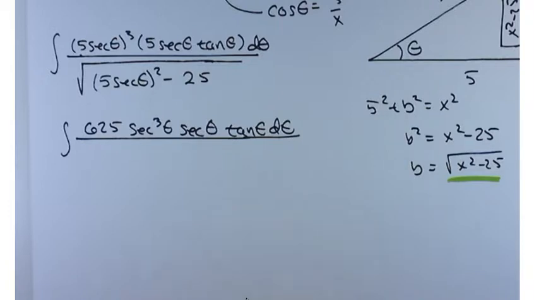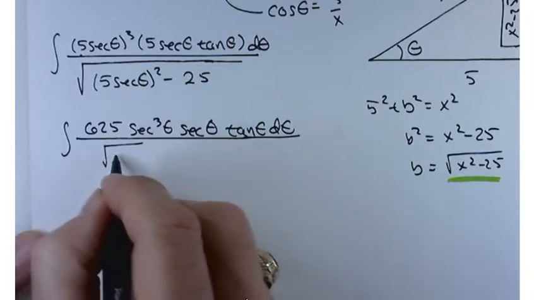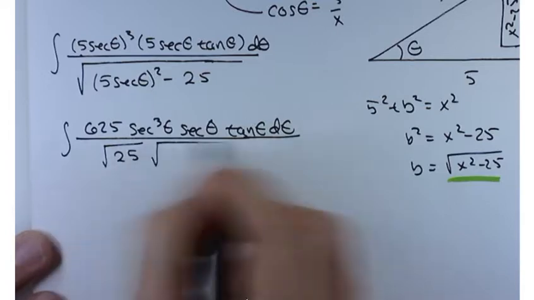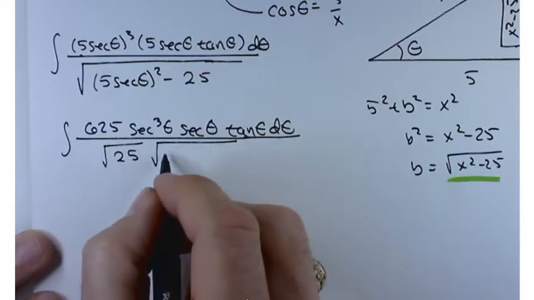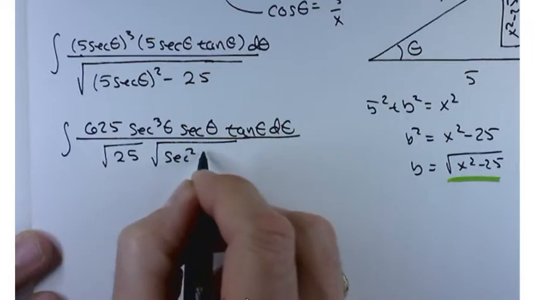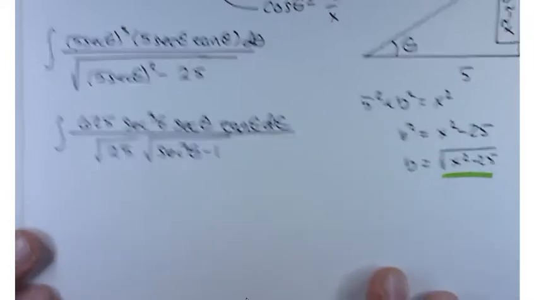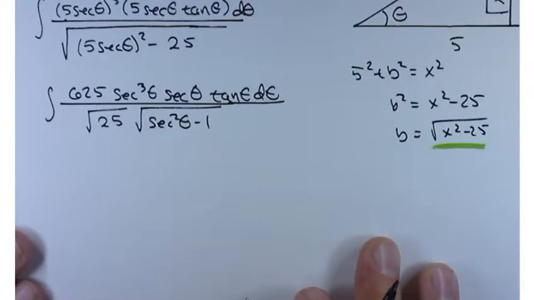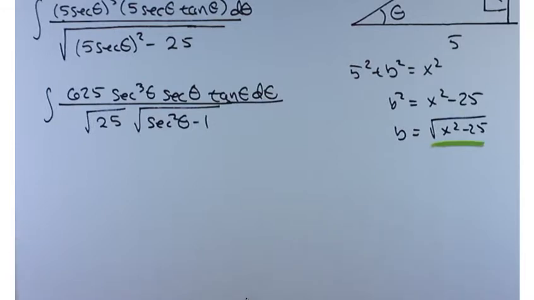That's going to be square root of 25 times the square root of secant squared of theta minus 1. There's some more simplification I can do in both the numerator and denominator. I'll give you a chance to catch up with your writing and shake your hand loose, because this one's getting long.